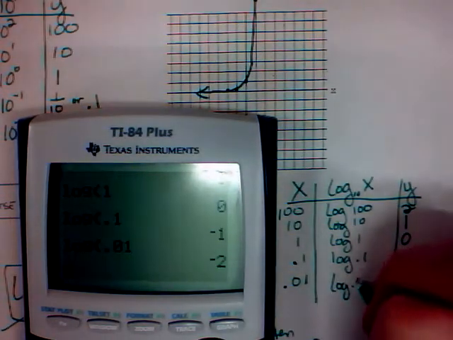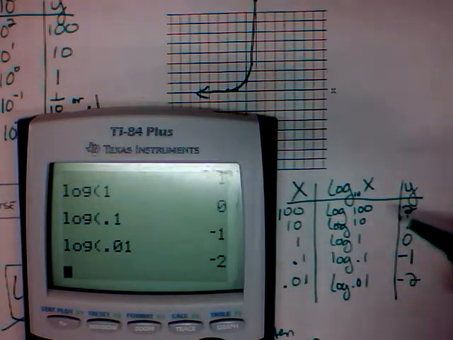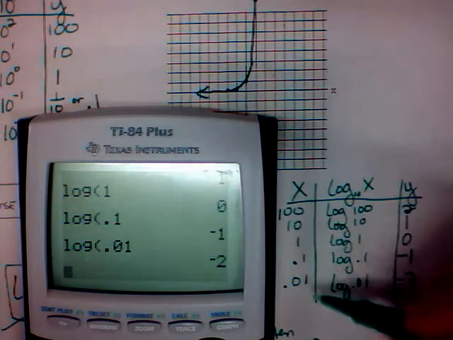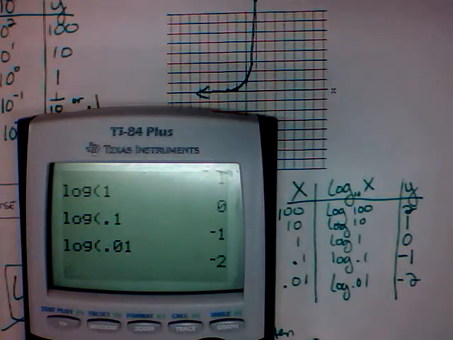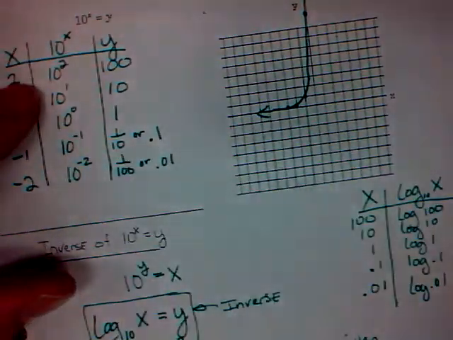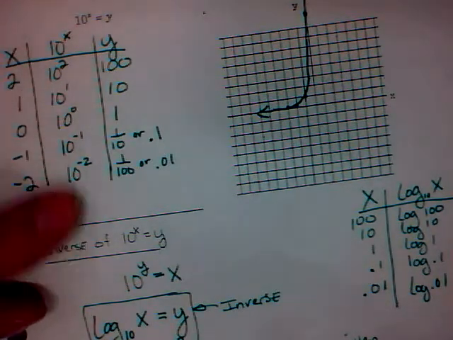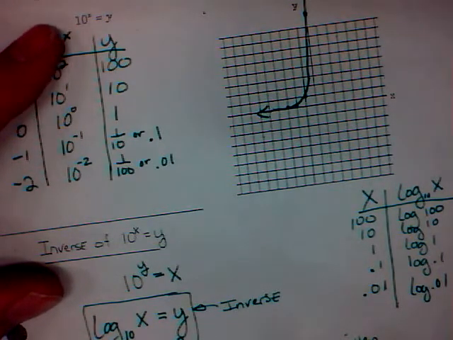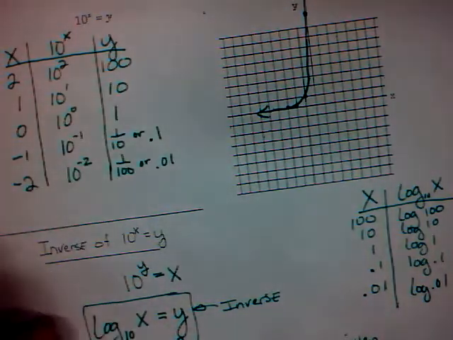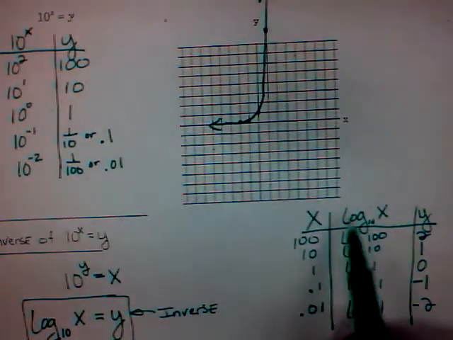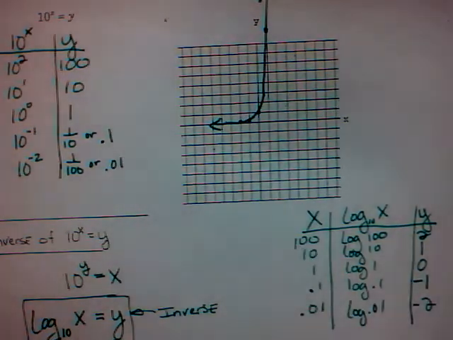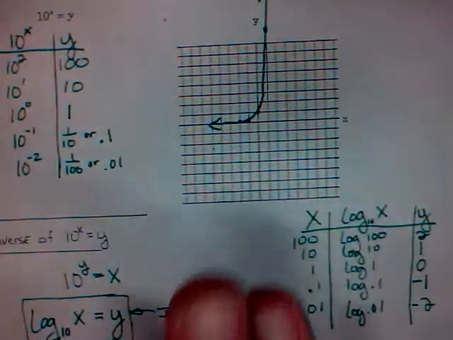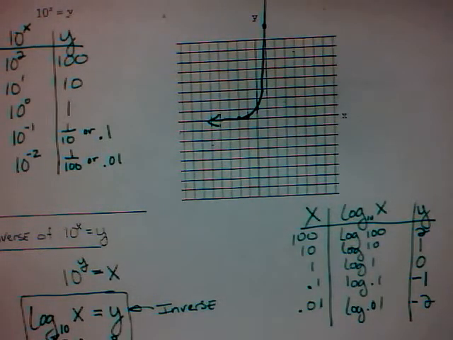Okay, so you'll notice that the log of those values gets you right back to what we started with. Our original function was an exponential, 10 to the x, and it took a 2 and turned it into 100. Well, the inverse function of that is log of x, and that takes 100 and changes it back into a 2. So those are inverse functions. And we're going to get practice today going back and forth from log to exponential and exponentials to logs.